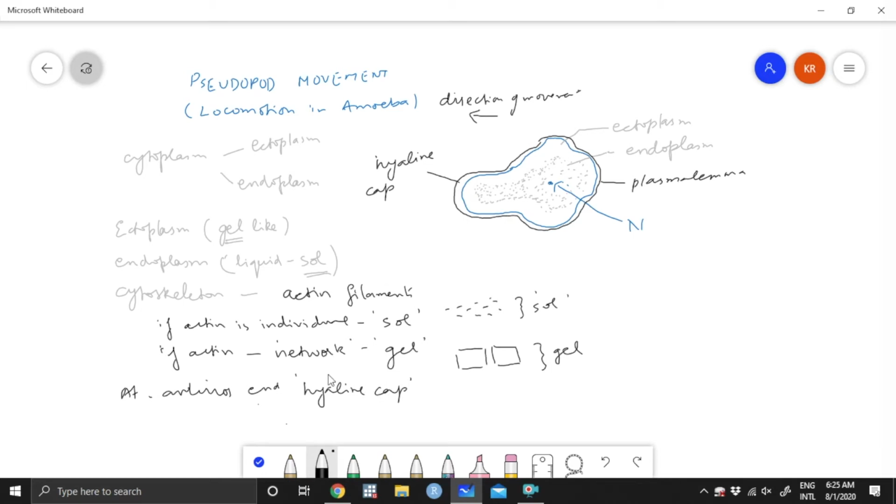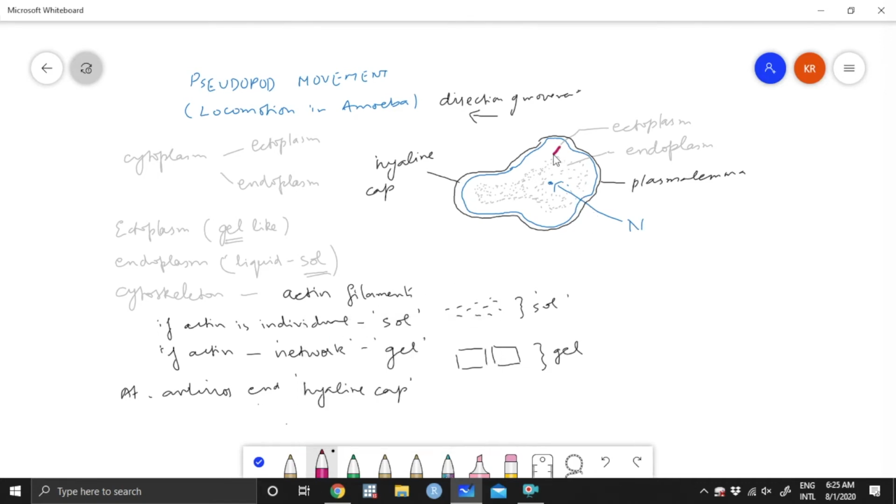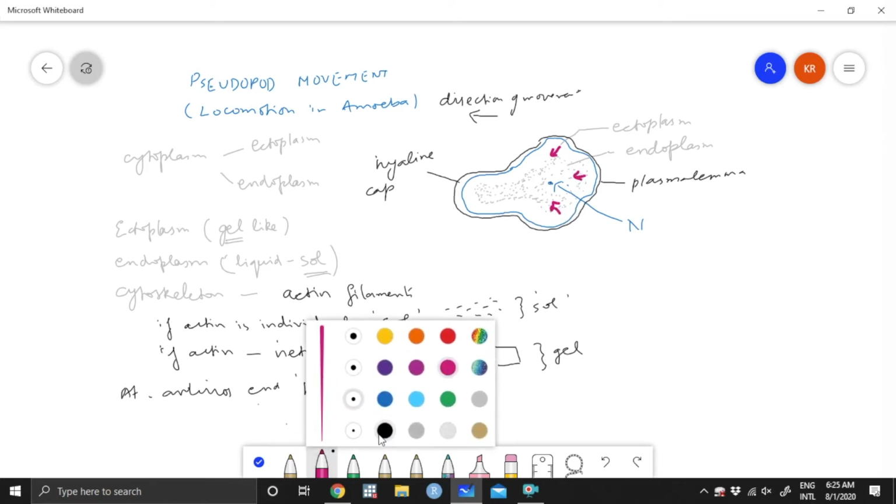Now there is a lot of pressure from all these sides for the amoeba to move along this direction. So from all the ends there is pressure for the amoeba to move and to get pushed along this direction.